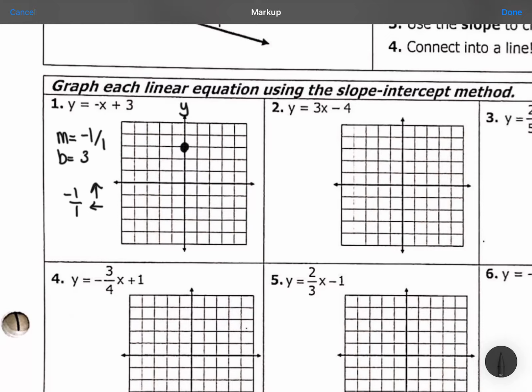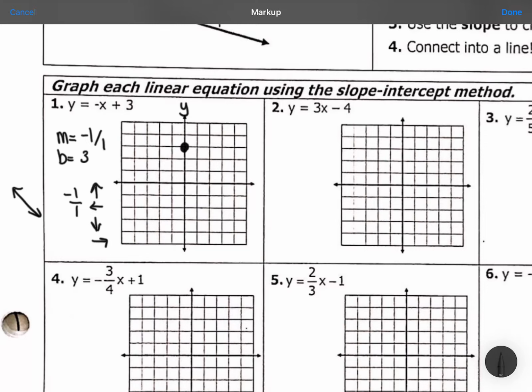If you don't have enough room to go up and left, then you would do the opposite, which is down and right. So make sure that you know which way negative goes. A negative line, remember, rises to the left. So to achieve that line, you can go up and left, or you can go down and then right.